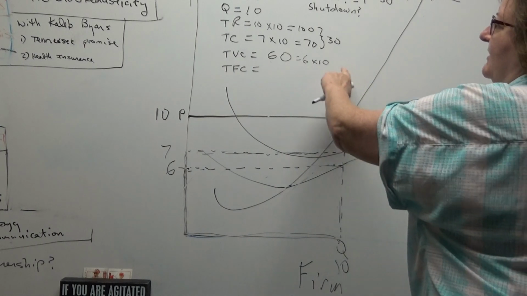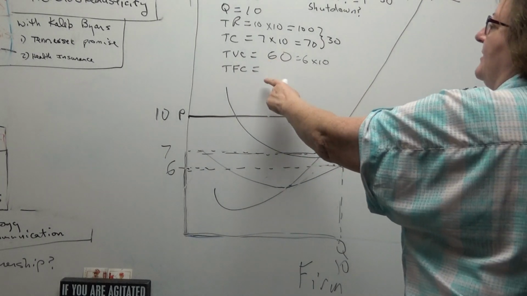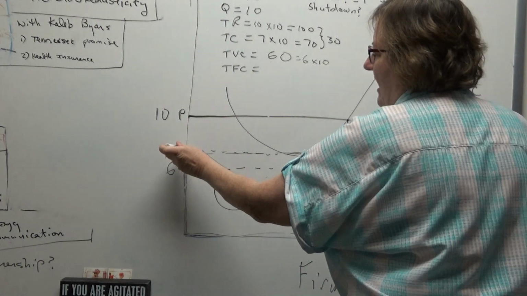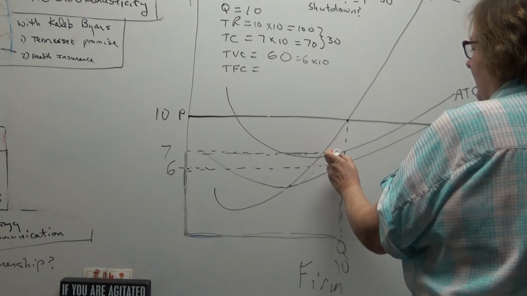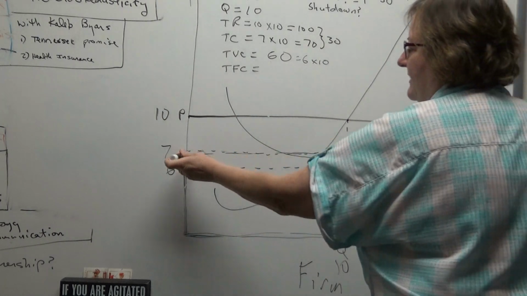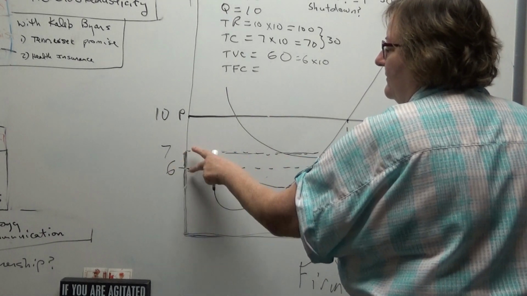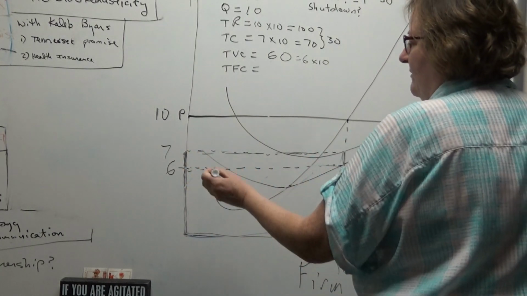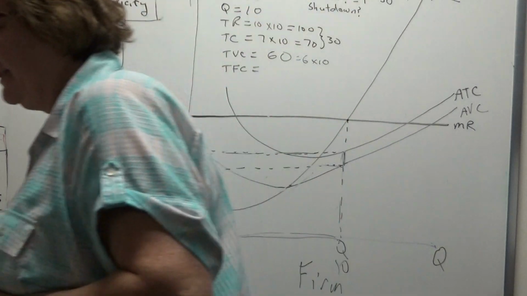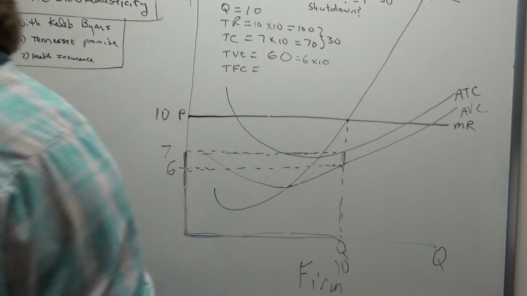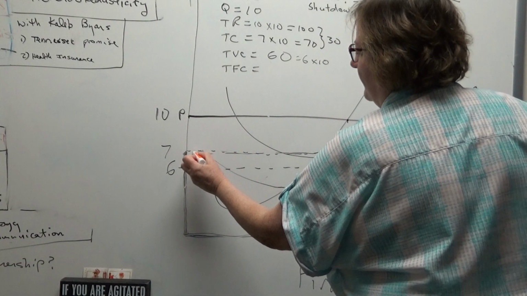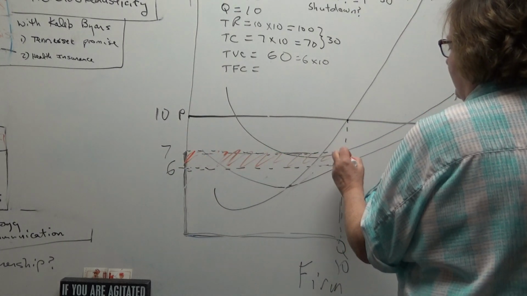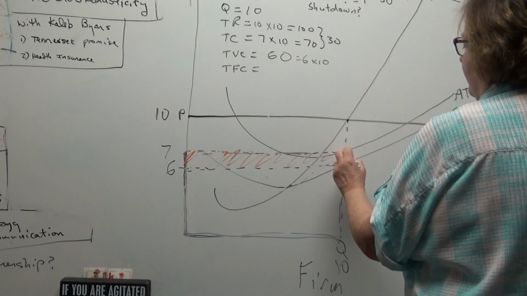Why would we be interested in this? Because we want to find total fixed cost. And we can do that 2 ways. We can say the height between the two at this quantity, a difference of 1, right? 7 minus 6 is 1, times 10 means that our total fixed cost is going to be this area at the height between these curves.